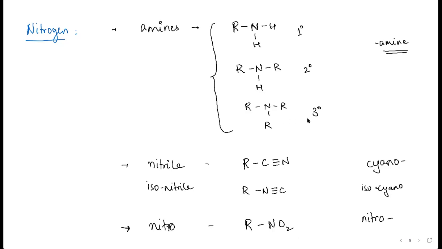And apart from this, this is a mixed one, called amide. An amide is a combination of C double bond O and N. This nitrogen can be attached to hydrogen, you can have NH2, or it can be attached to another carbon atom.